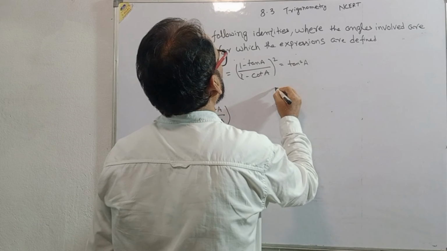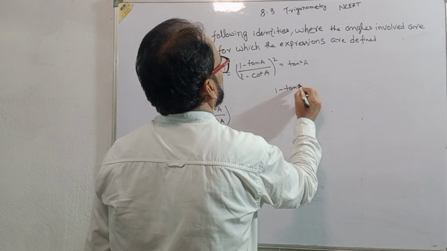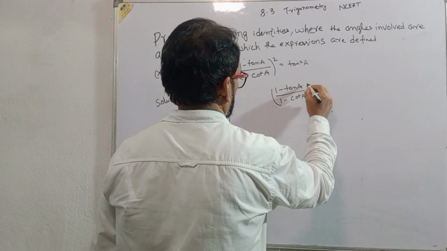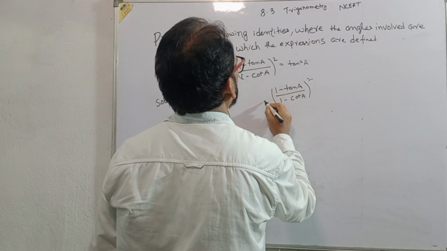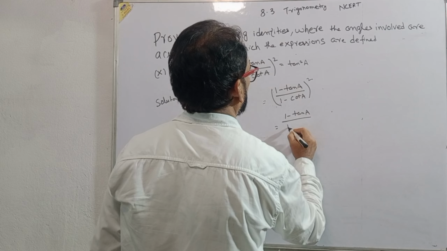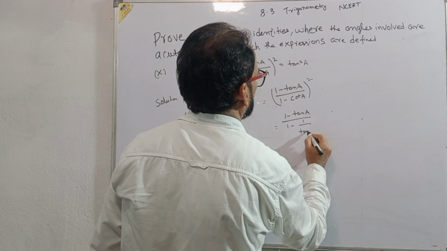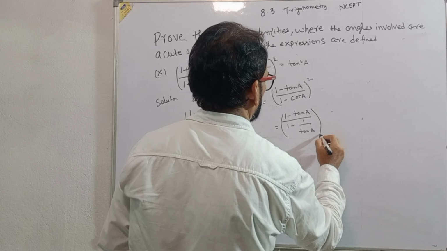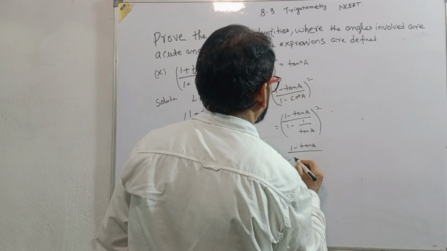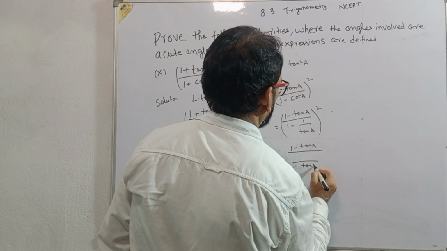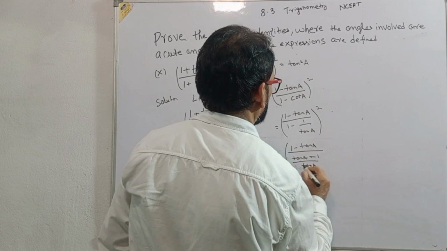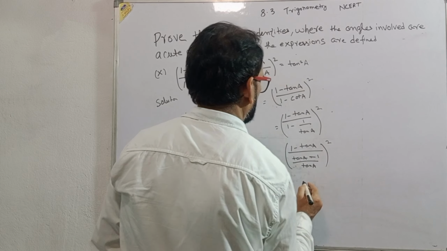Now 1 minus tan A divided by 1 minus cot A, whole square. 1 minus tan A divided by 1 minus 1 by tan A, whole square. 1 minus tan A, here tan A minus 1, here whole square.